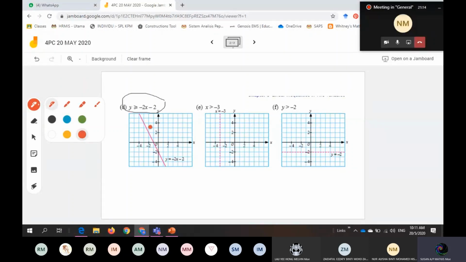That's the reason why they don't use the dash line anymore. So where do you shade? You want above. That means your answer will be everything above the line.